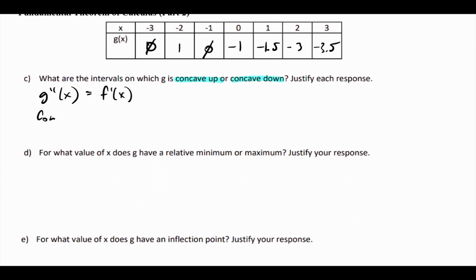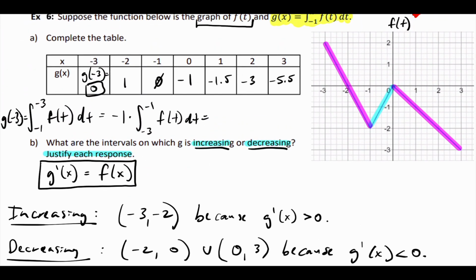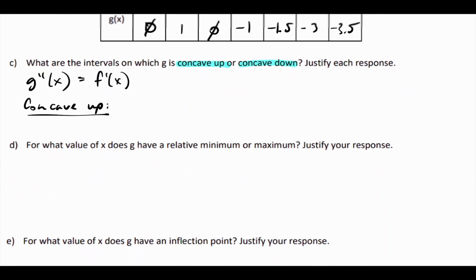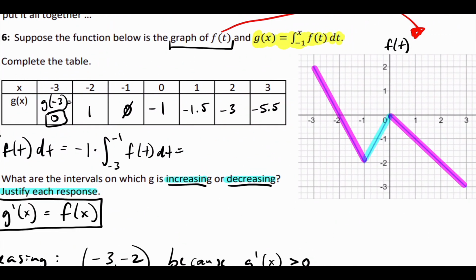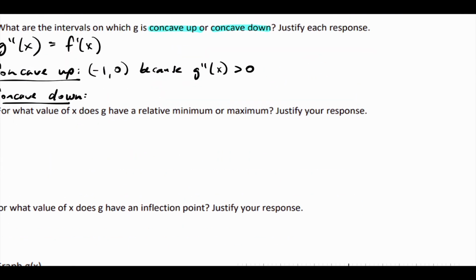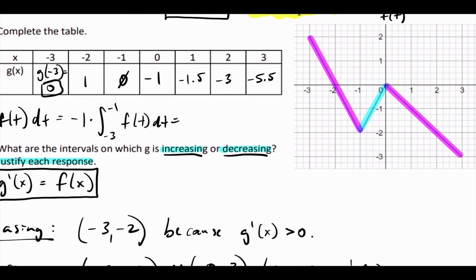So, concave up, negative 1 to 0. Because G double prime is greater than 0. Concave down, negative 3 to negative 1, and 0 to 3.